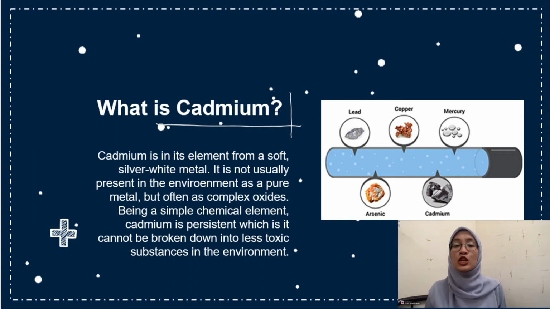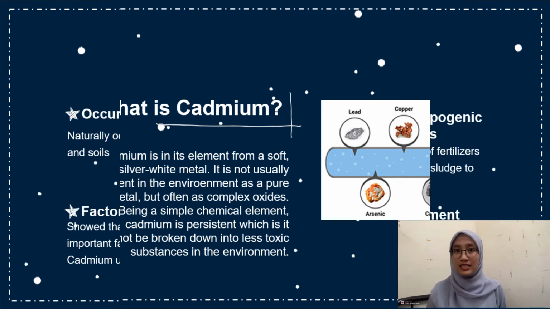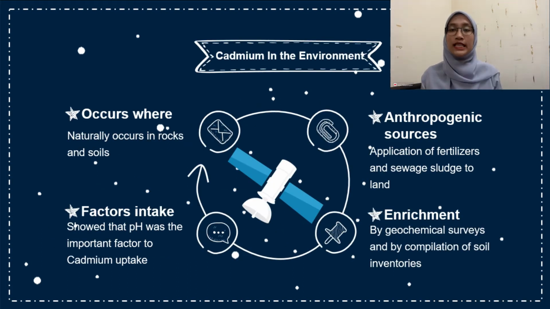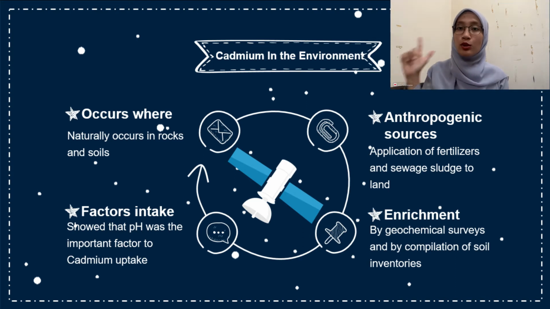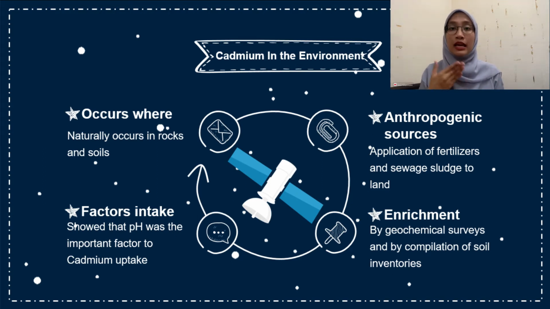Cadmium is used to produce a wide variety of consumer and industrial materials such as in nickel cadmium batteries, pigments for plastic, ceramics, and glasses. So basically, we are doing a research about cadmium, usage of cadmium in environment, and also usage of cadmium in industrial. So first and foremost, we will go through about what is cadmium in the environment.